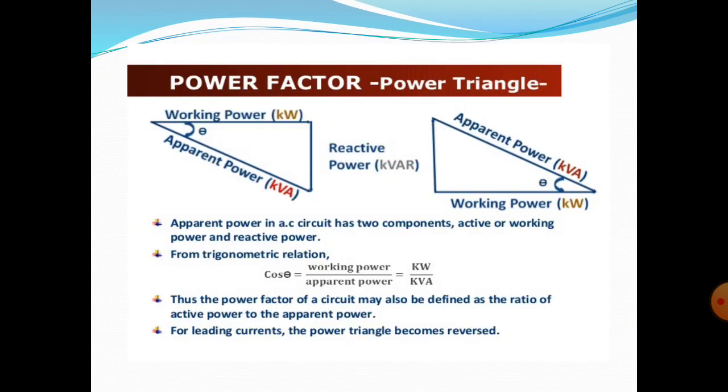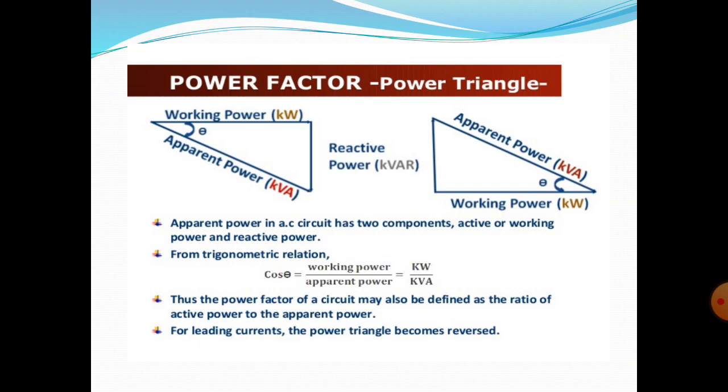And next one is the power factor or power triangle. In this second diagram, we have considered a right angle triangle. The base value is working power in units of kilowatts. Working power is the true power or active power. And next one is apparent power. Apparent power is in kVA, kilovolt ampere. And next one is reactive power.